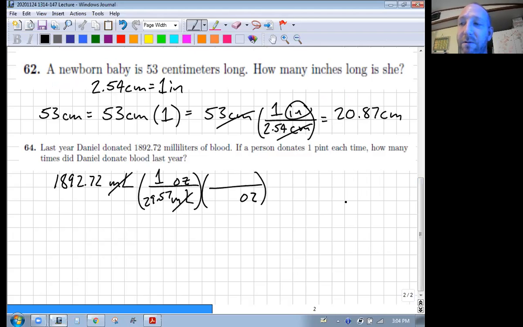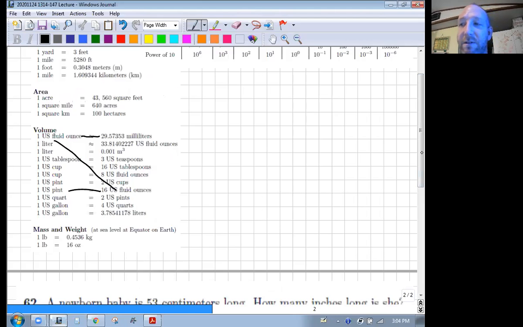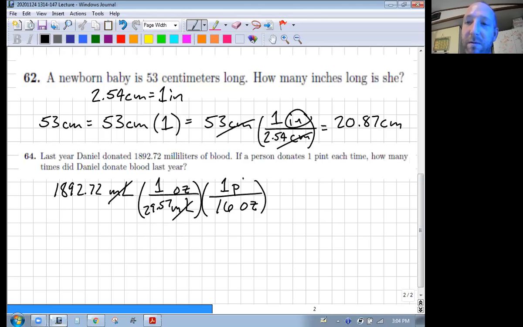Now we can get rid of ounces for pints. 16 ounces make 1 pint. Ounces go away, we're left with pints. So we take 1,892.72 divided by 29.57, divide that by 16, we get 4 pints.